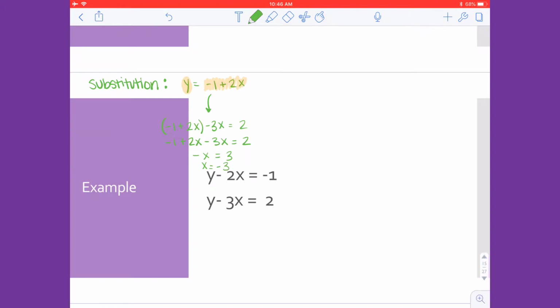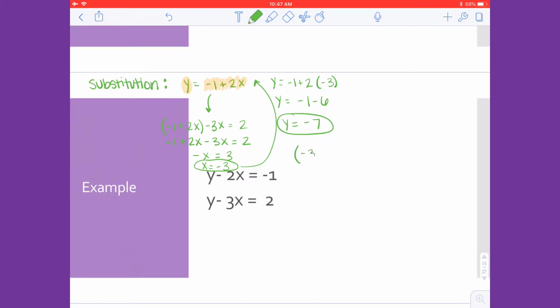And I end up getting x is equal to negative 3. Once I have my x value, I'm going to go back to my original equation, plug that x value in, and solve for my y value. And I get negative 7.